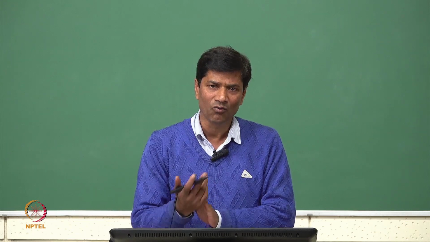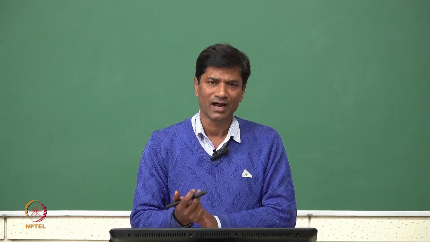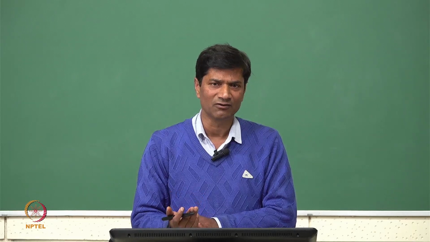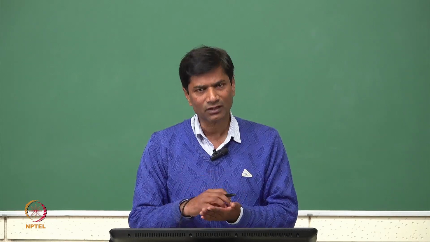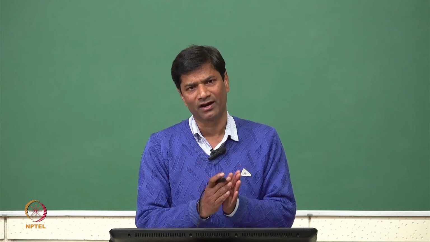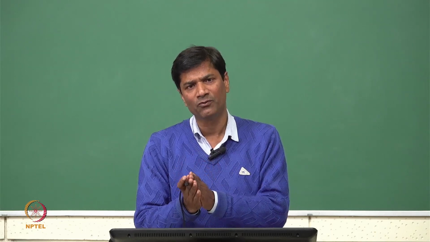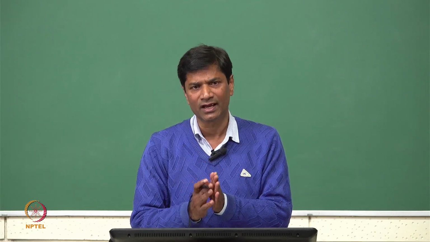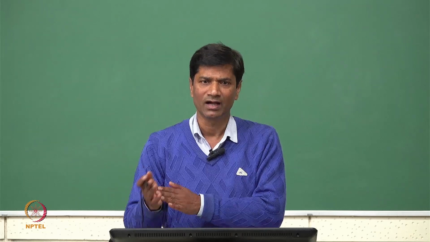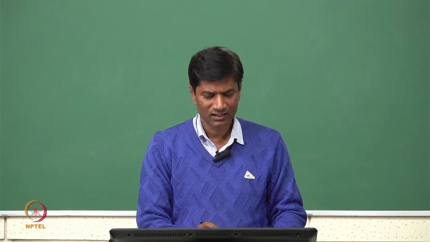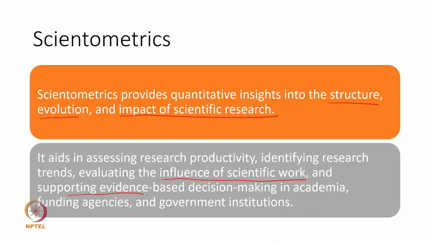This is a goal of scientometrics. That means we are trying to find out the influence of research A on research B and vice versa, and it supports evidence based decision making in academia, funding agencies and government institutions.